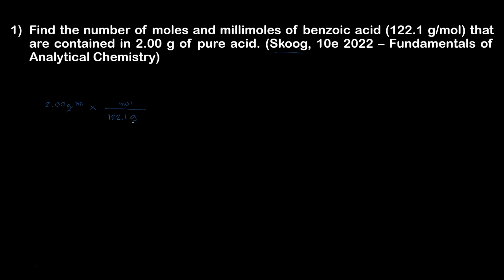Now we have the mole of benzoic acid. So let's solve for the mole. Using your calculator, you can solve it yourself, and that would be 0.0164 mole. That's for mole.